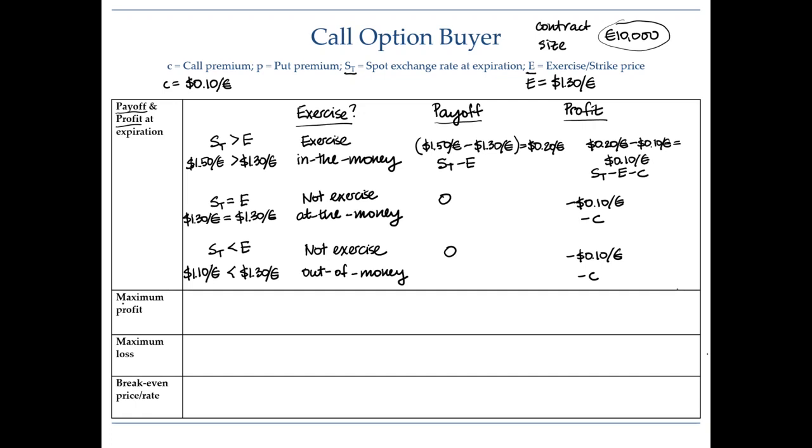Now let's take a look at your maximum possible profit. So what's the best case scenario for you? As you can see, if the future spot rate happens to be the same as your exercise rate of $1.30 or lower, you are not exercising this contract. But if the future spot rate happens to be higher than your exercise rate of $1.30, you do exercise this.